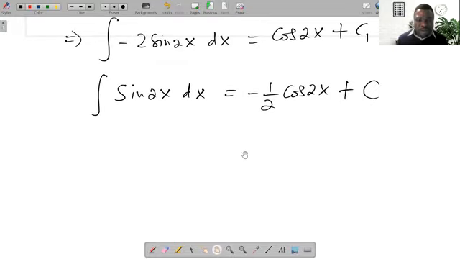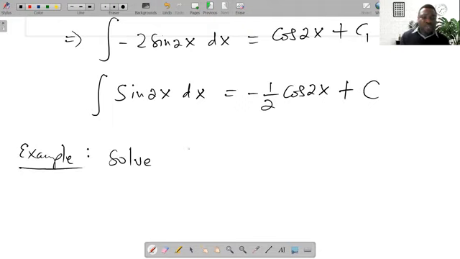But this is stuff that you probably have to know how to do. An example would be if I ask you to solve the integral of 3x squared plus sine x.